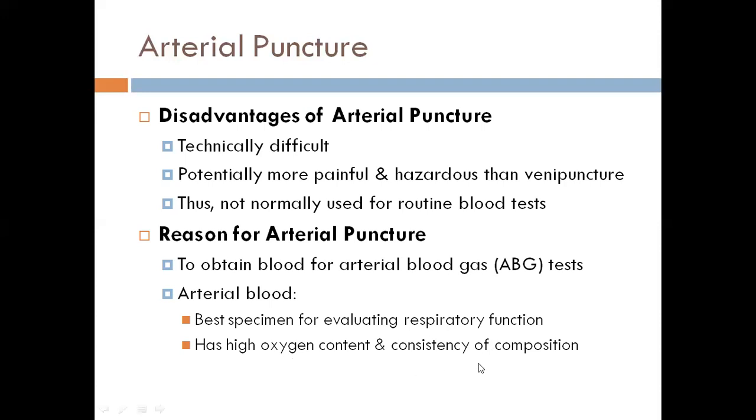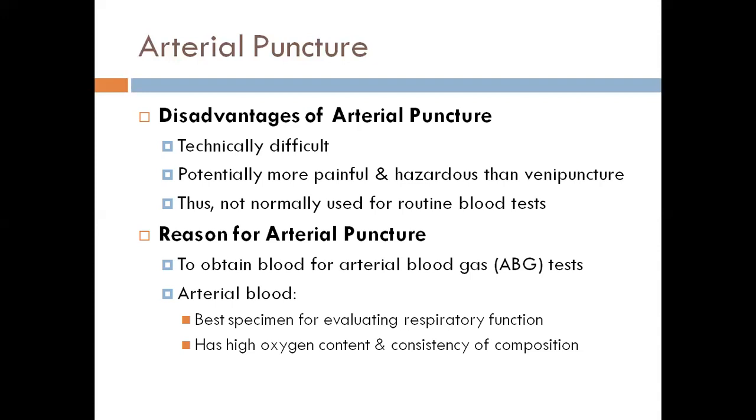That's why in ABGA, wherein we evaluate these parameters, it's best to use arterial blood rather than venous blood. Those are the principles we should consider when performing arterial puncture.